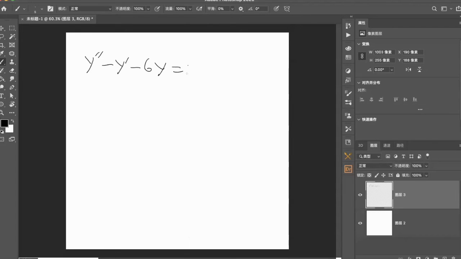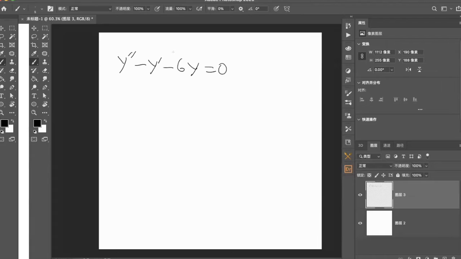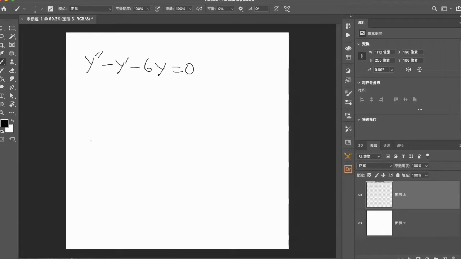First, we need an equation. So we need to assume y to be something. But if you assume y to be any kind of function, its second derivative and first derivative will just be different. There is one really amazing function, e to the x, whose second derivative and third derivative are the same.